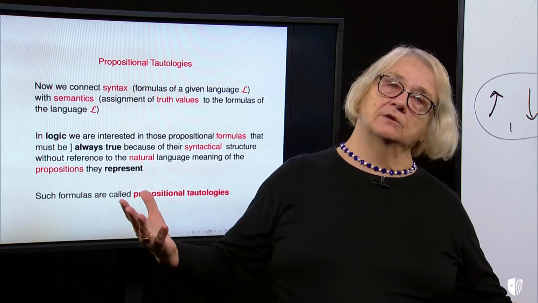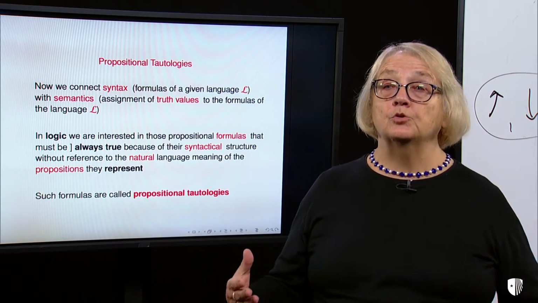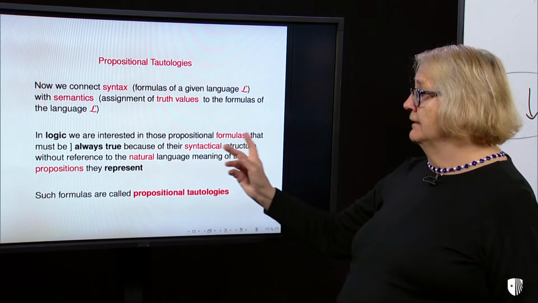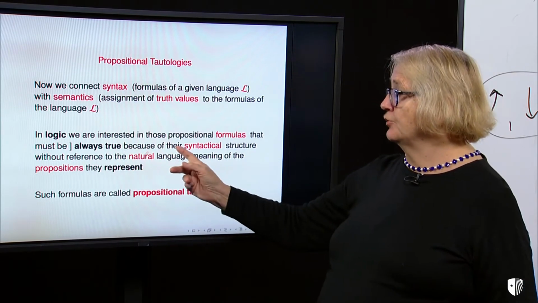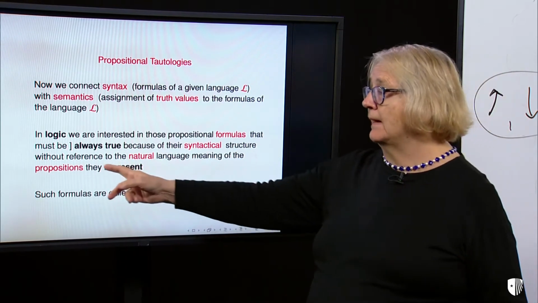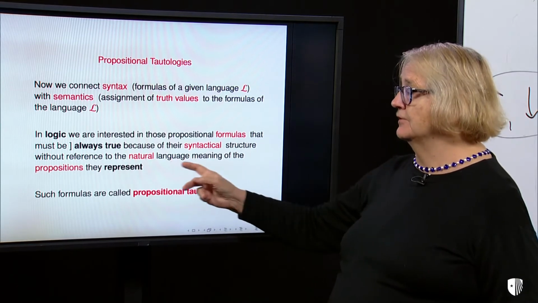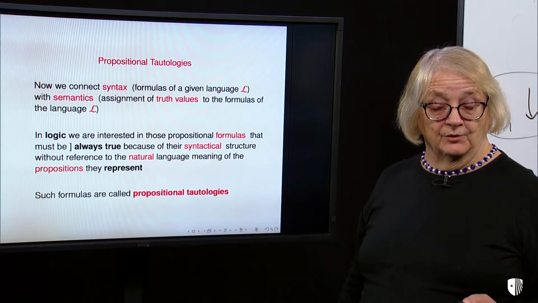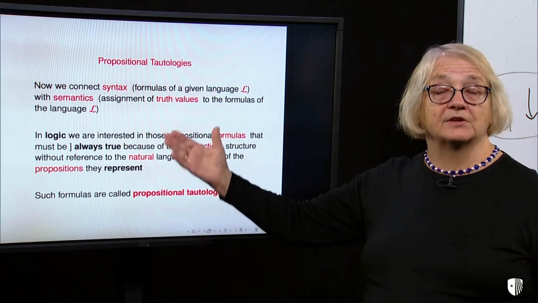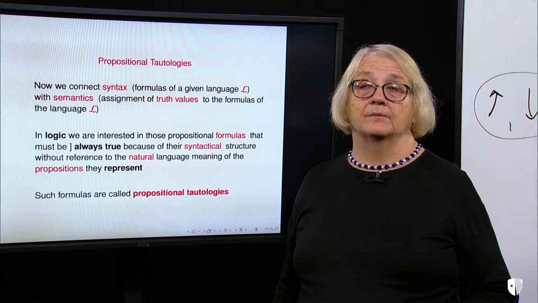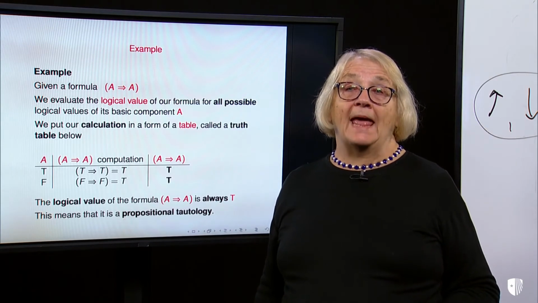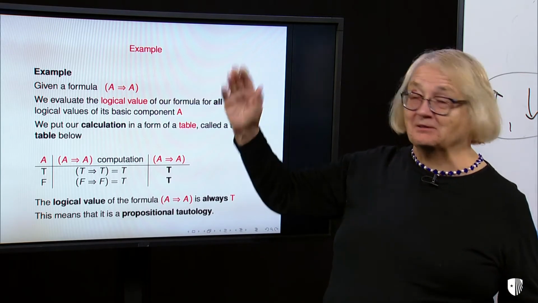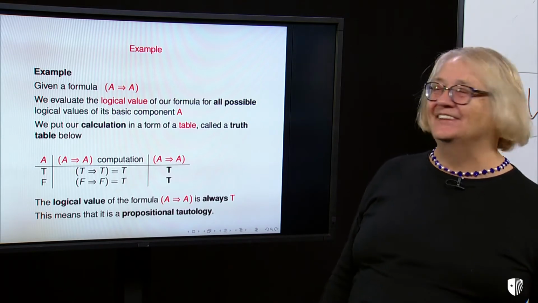You say, oh, tautologically true, it means it's always true in our model, this is always true because of their syntactical structure without reference to the natural language meaning of the propositions that they represent, because that's how you define extensionality of connectives, that's how you define our semantics for connectives.